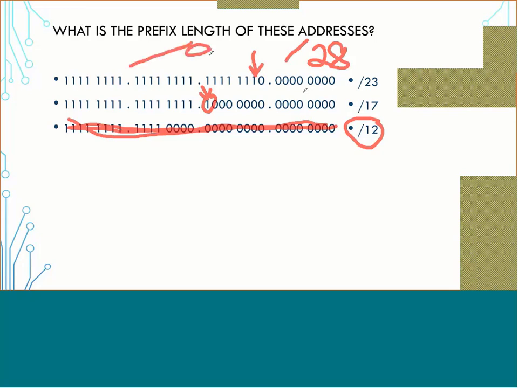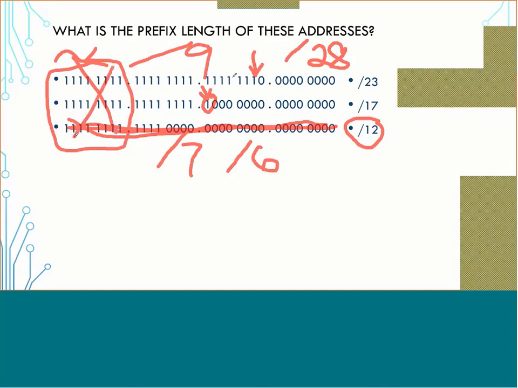How about a /9? 2nd, exactly. Now, we'll pretty much never have less than that. Like you won't have a /7 or a /6. I've never ever seen anything like that. So you're never going to have anything like that when it comes to this first octet, okay?